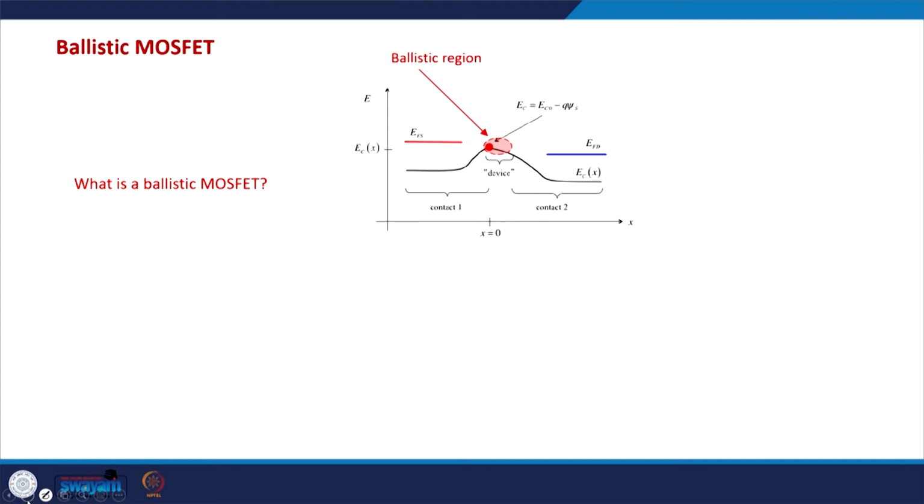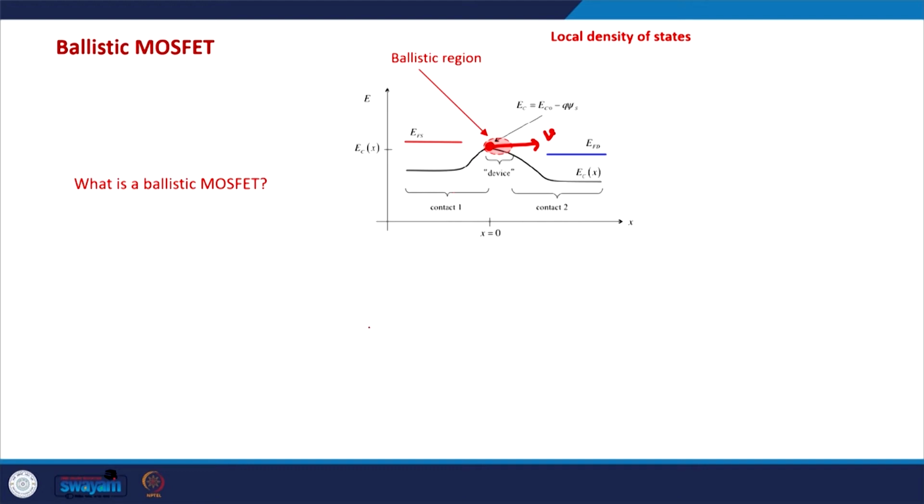And in a MOSFET, generally what we have seen is that the velocity at this topmost point is quite important, because just by calculating the charge and the velocity at this point we can calculate the current in the MOSFET. So, we are mostly focused on this single point, which is the top of the barrier in the MOSFET.